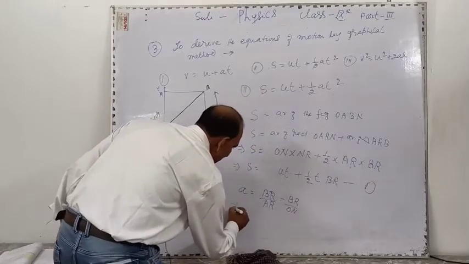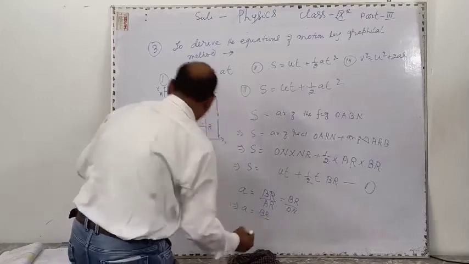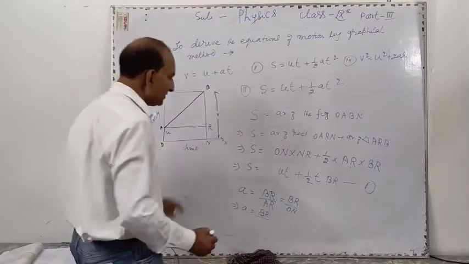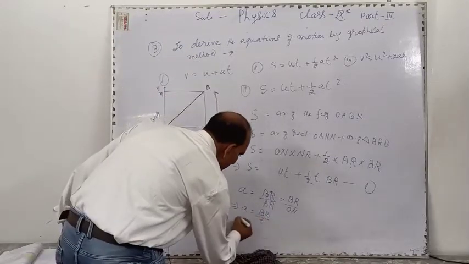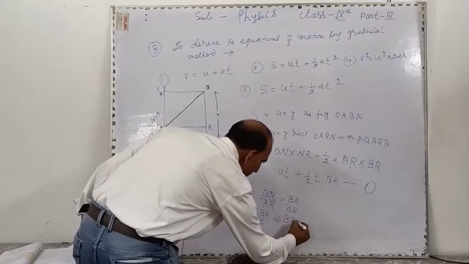This implies acceleration is equal to BR by ON. ON represents time, that is T. This implies BR is equal to AT.